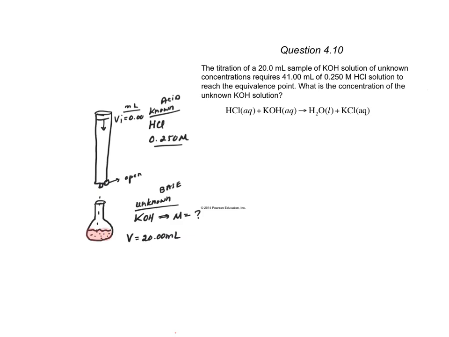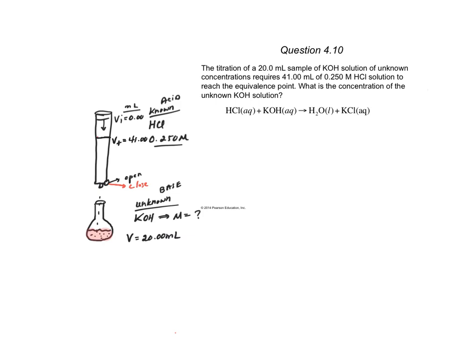We get a pink color turn. It stays that way. So then we will close this and we will read the final volume. And for this, the final volume was 41.00 milliliters. Okay, so a lot of it had to flow through to actually reach the equivalence point in this titration.